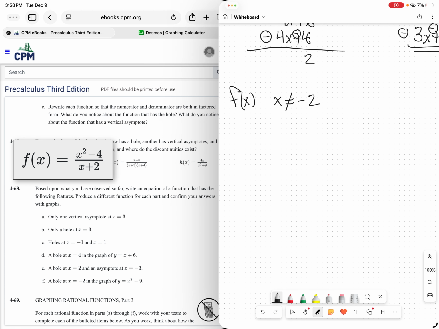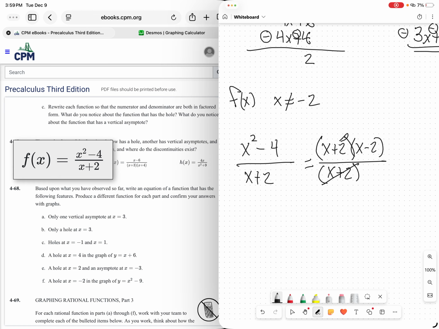But if we look at the top here, x squared minus 4, and we factor the top, so x plus 2, x minus 2, right? What happens? Well, this x plus 2 cancels out. So that tells us this is a hole, right? If it goes away, if it cancels out, it's a hole. Okay?